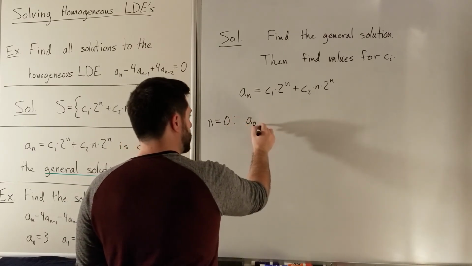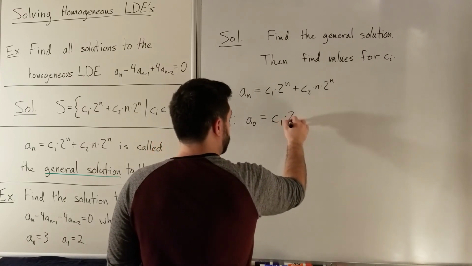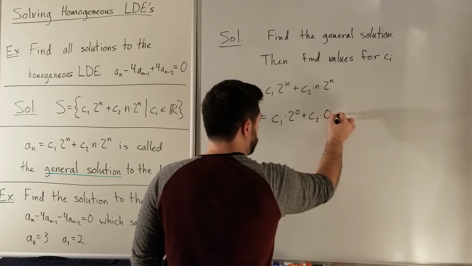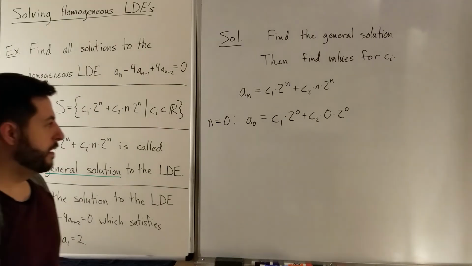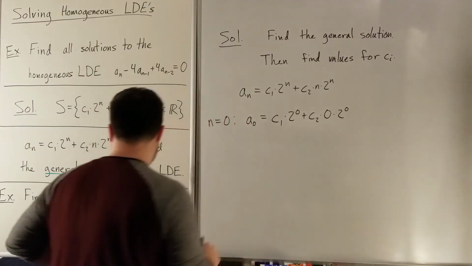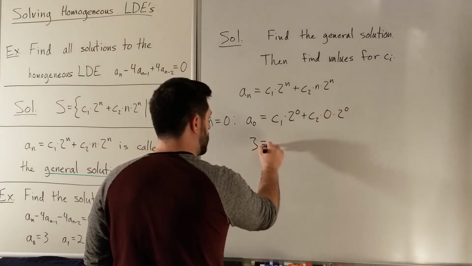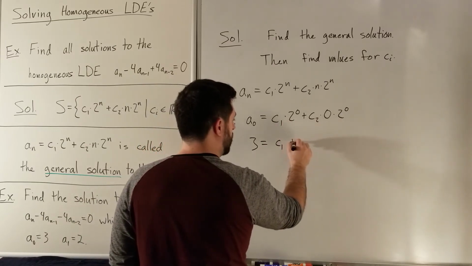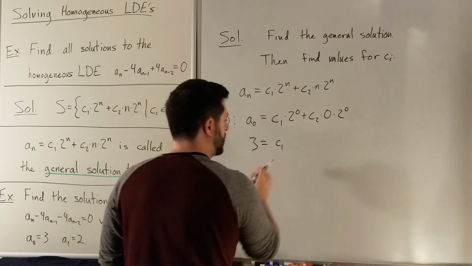So this says that a sub 0 is equal to C1 times 2 to the 0 plus C2 times 0 times 2 to the 0, just replacing all the n's with 0. Okay, well, a sub 0 we're told is 3. So this is the same thing as saying that 3 is equal to C1 times 1 plus C2 times 0. In other words, just C1.